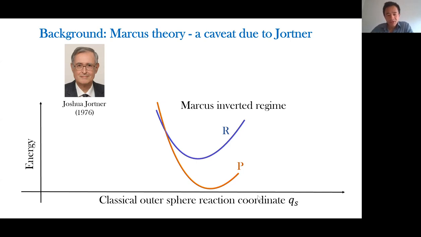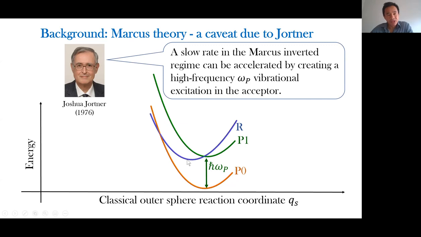So suppose there's a huge energy barrier to overcome going from reactant to product. Well, Jortner said the parabola can be shifted up if there are high frequency modes that give you additional states, so that instead of going this way, you can go this way and afford a lower energy barrier, in which case you create one high frequency mode excitation, for example, a CO excitation, but then you catalyze the reaction.